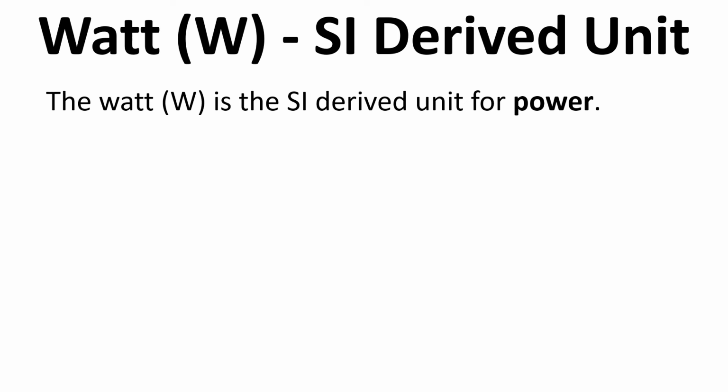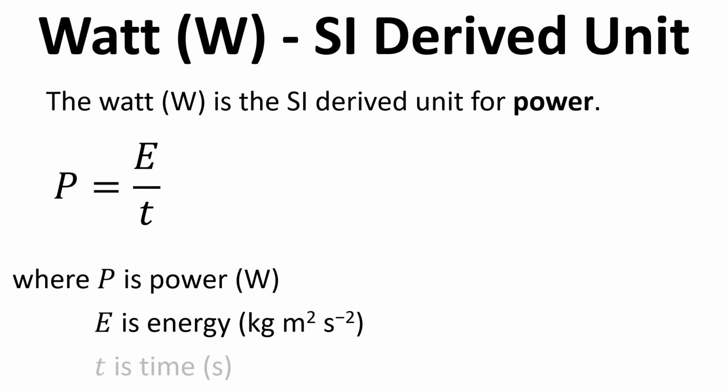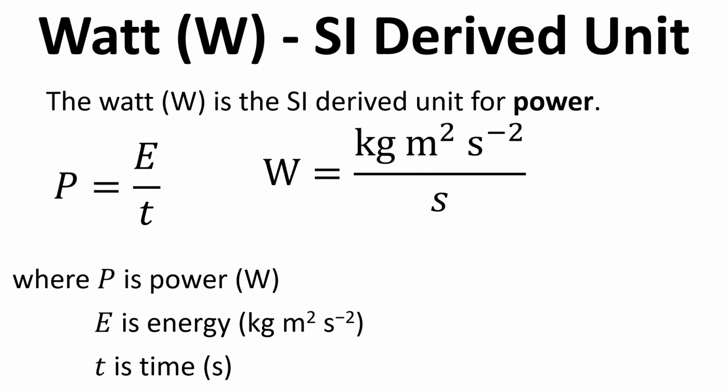Finally, let's take a look at the watt. Watt is the SI derived unit for power. Power is energy divided by time, where P is power in watts, E is energy, and we've just seen that energy is kilograms meters squared seconds to the -2, and time is seconds. So if we put that into the equation, we've now got kilograms meters squared seconds to the -2 divided by seconds.